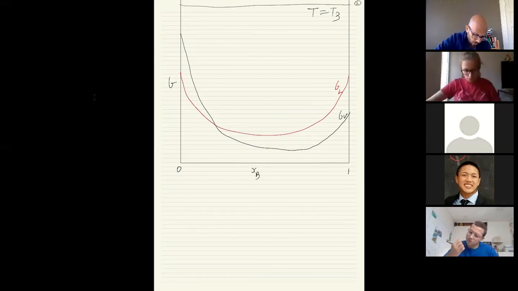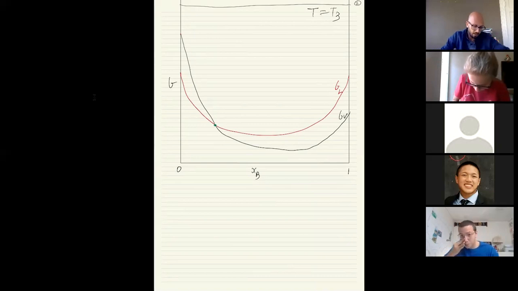So the point I made here is that if you are at a composition in between, there is a middle range of composition at which the system exists as liquid plus vapor in a two-phase form. To the left of it, it's going to be liquid.